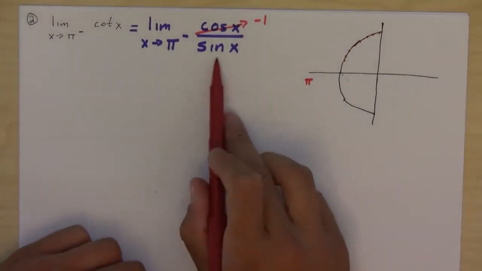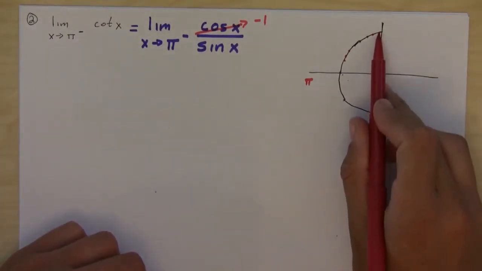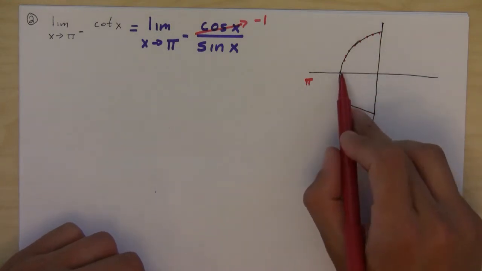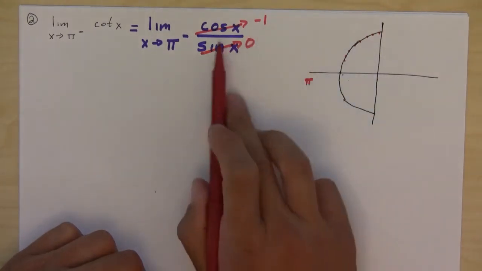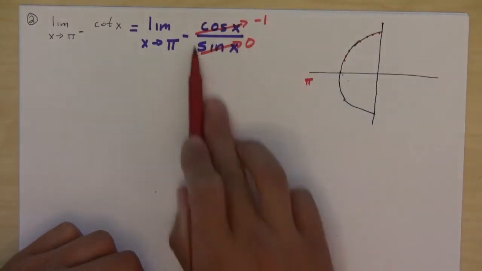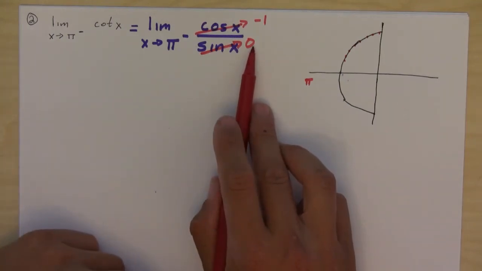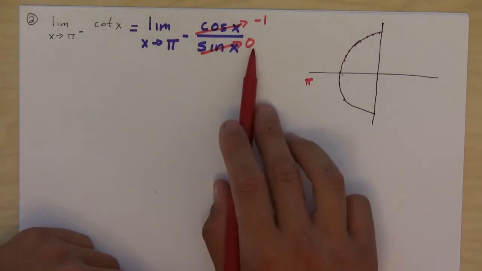Now if I take a look at the sine function, remember the sine function is the y value, and this one is approaching 0, which means the entire function is approaching infinity or negative infinity. Now what makes it approach infinity or negative infinity is the sign.